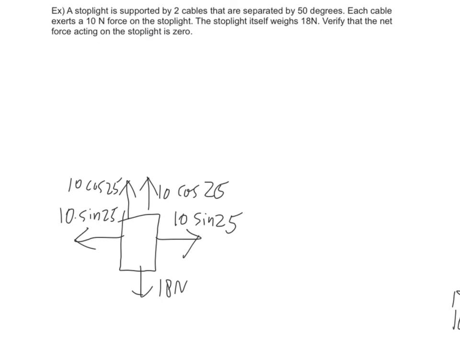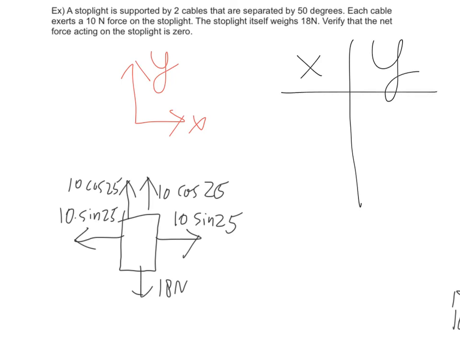Alright, so now that we have all our x and y components nicely laid out so that they line up with our coordinate system, which, to remind us, this is what our coordinate system is for this problem, let's make a grocery list. Let's see how all our x's and y's add up. Starting with the x direction, it looks like we're going to have a positive 10 times the sine of 25, which would be positive 4.2.